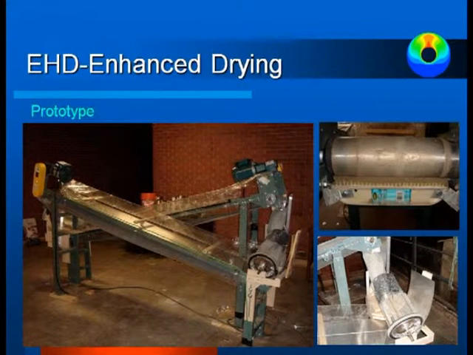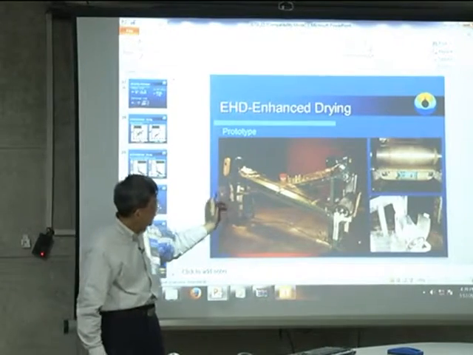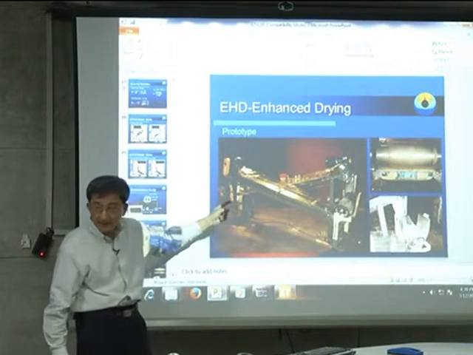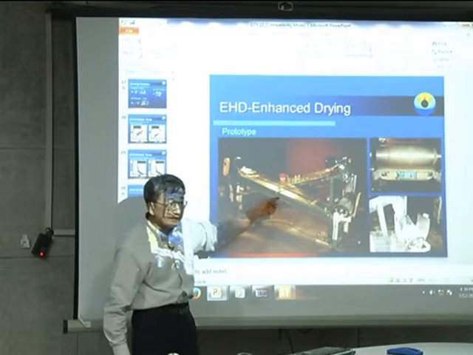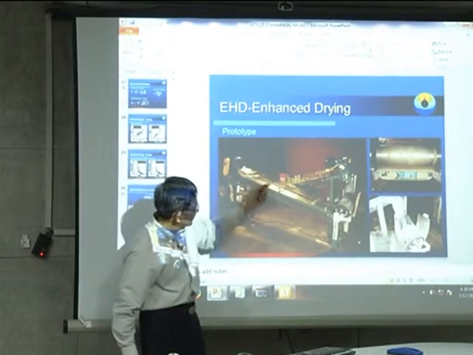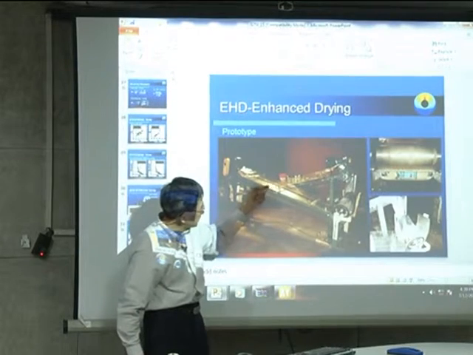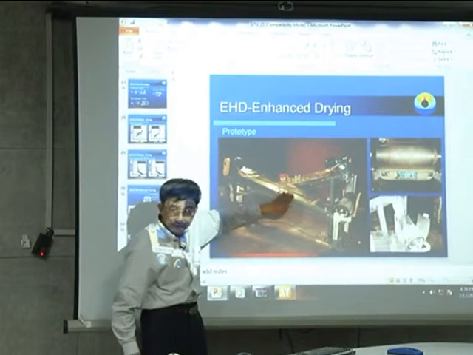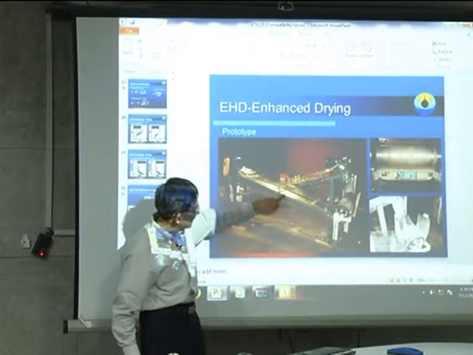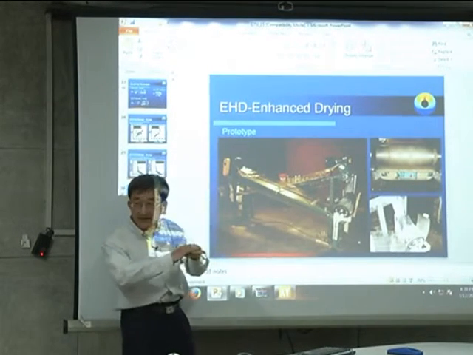You may ask, how do we apply it for industrial applications? This is something a group of students in my school designed as a prototype in their senior design. Basically, we use a conveyor belt, and the electrical field is produced by a wire. The wire is perpendicular to the conveyor belt, and the belt itself is grounded.